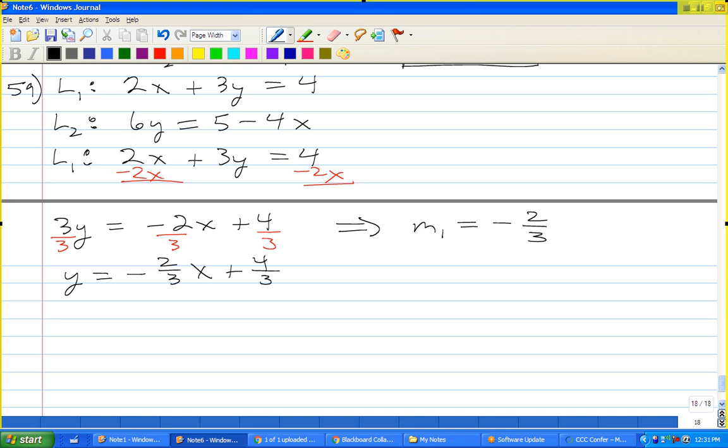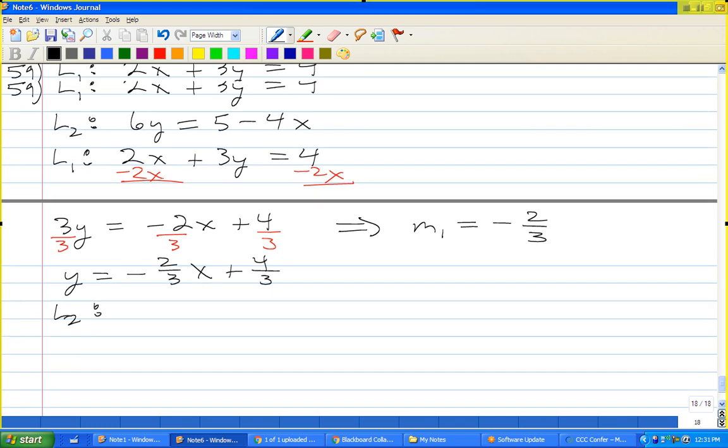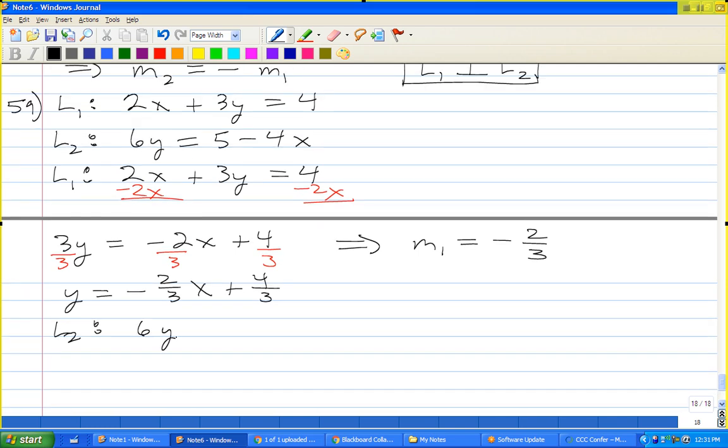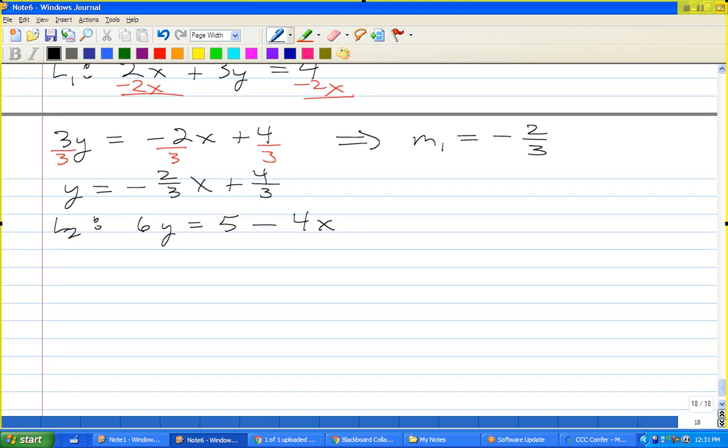Okay, good. Let's solve for the second line. And so the second line is 6y equals 5 minus 4x. Let me divide every term here by 6.